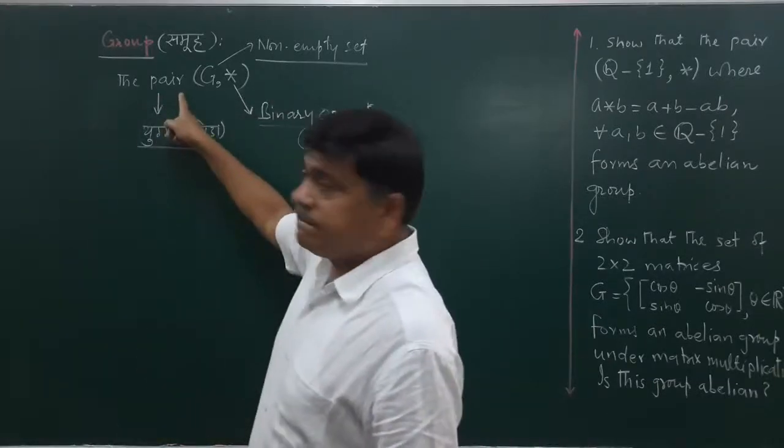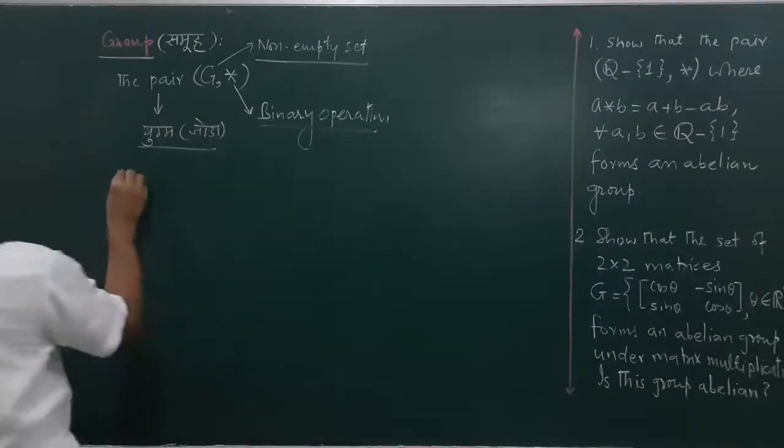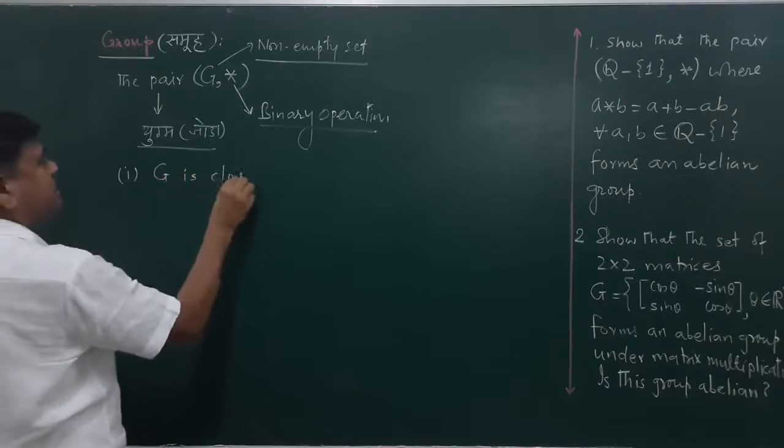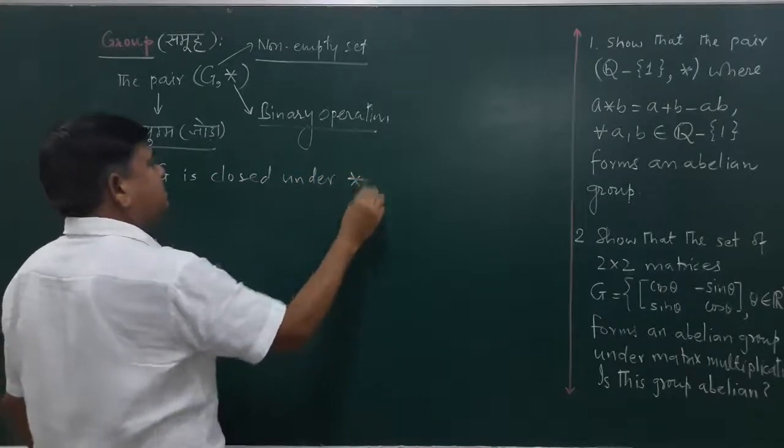This pair is called a group if G is closed under this.